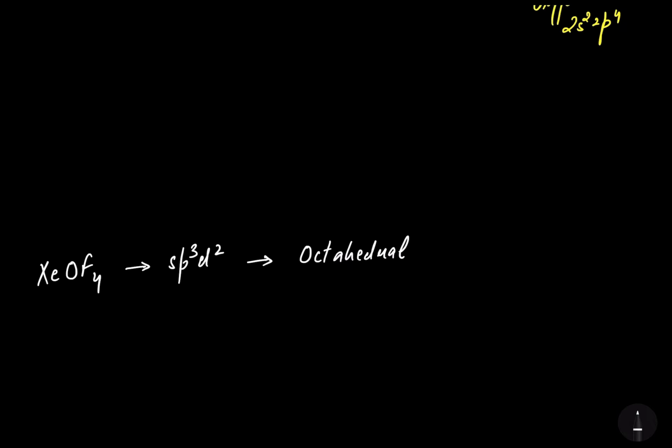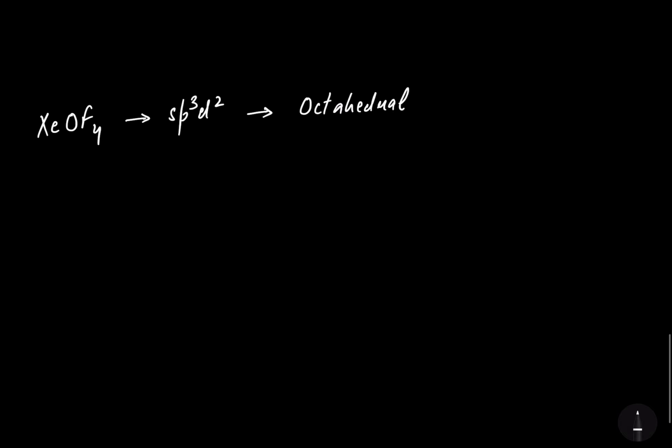Now octahedral, here the central atom is xenon. That's the first sigma bond with the fluorine atom, that's the second sigma bond with the fluorine atom, that's the third sigma bond with the fluorine atom, that's the fourth sigma bond with the fluorine atom.